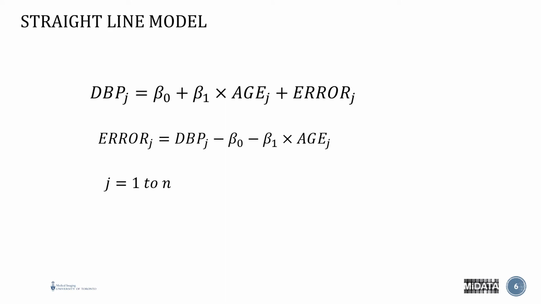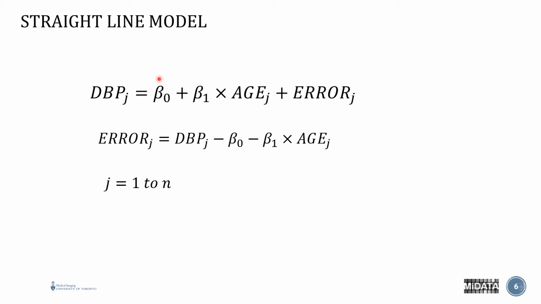All right, now most of you immediately were thinking, why would I ever predict my outcome with the mean of the sample? I mean, sure, it's the most basic model, but come on, we can do better than that. And you're right, we can use the straight line model. So in this case, we have the same dependent variable, but we've added a little more to the right side of the equal sign.